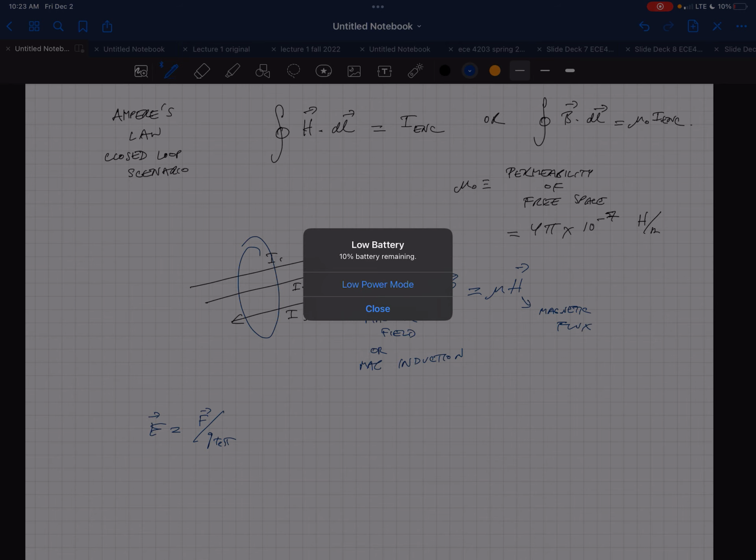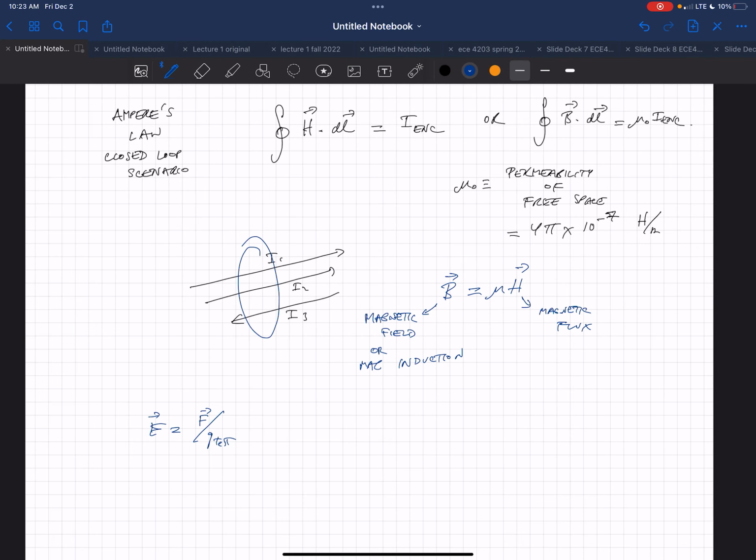The electric field is generally a function of both position and time, and it's given in volts per meter. And the source of this thing is charge.